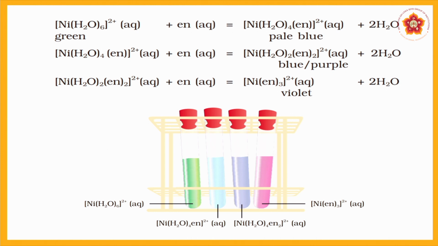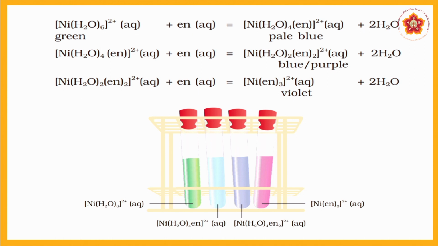And we know that from 400 nanometer to 800 nanometer is the visible range of light, and whatever they absorb, they will give out the complementary color. So in all the sets of compounds shown, you are able to see a change in color from green, blue, violet to pinkish.